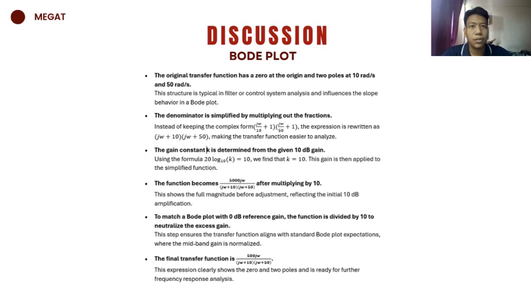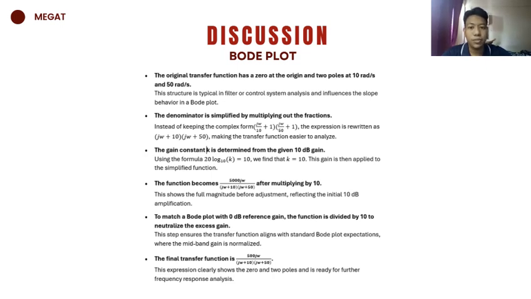Instead of keeping the complex form, (jω over 10 plus 1) and (jω over 50 plus 1), the expression is rewritten as (jω plus 10) and (jω plus 50), making the transfer function easier to analyze.